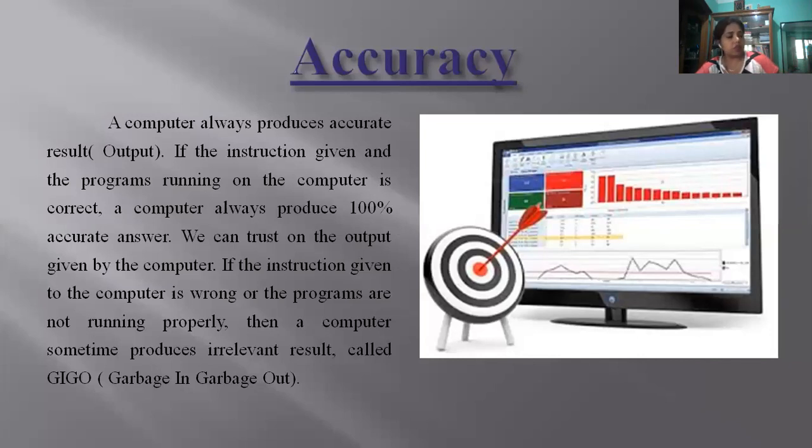Now, write down the question: what is garbage in, garbage out? And inside bracket, write GIGO in capital letters.